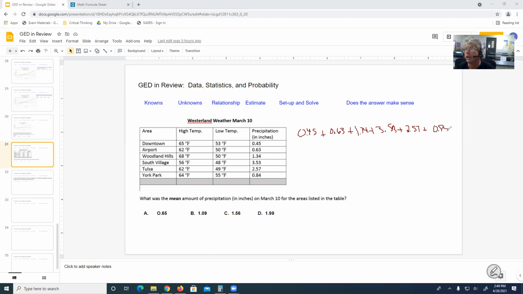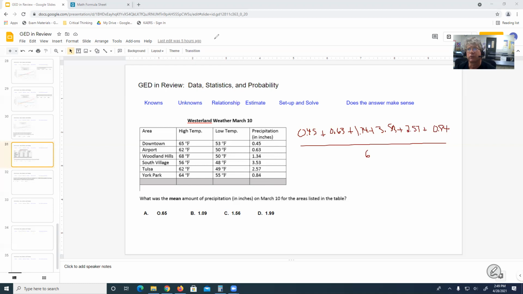And then all this has to be divided by however many pieces of data there were. So there's 1, 2, 3, 4, 5, 6 pieces. So I have to divide that all by 6. To do the mean, I have to add all the numbers up, and then divide by however many numbers were present.